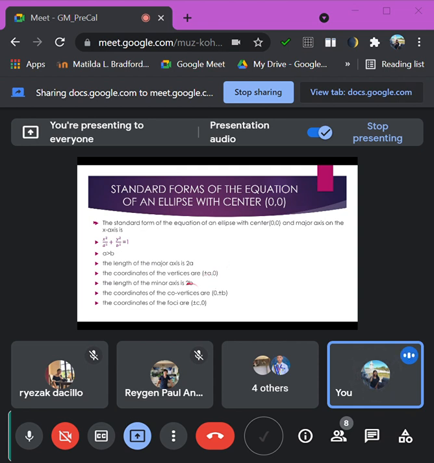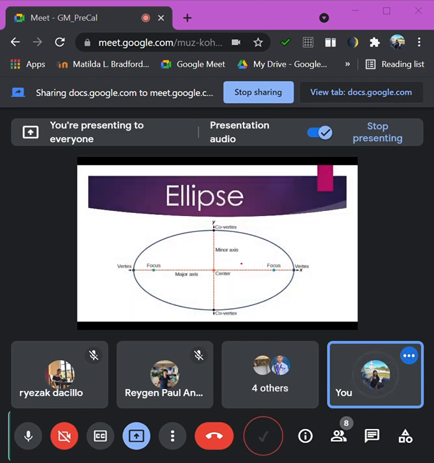So, since our graph is horizontal, or along the x-axis, the vertices are on the x-axis. So we use A and then 0.